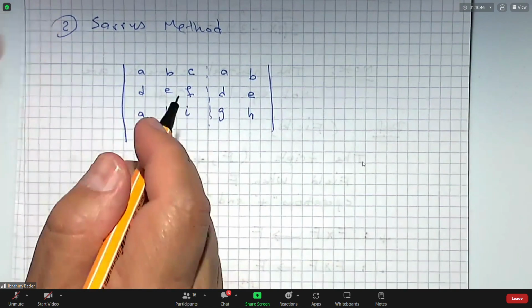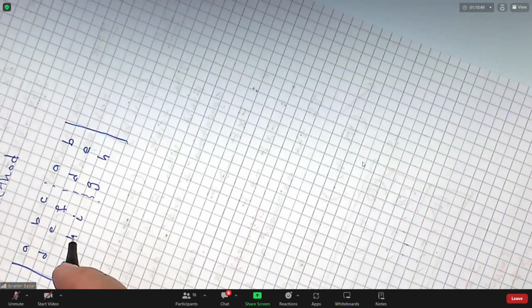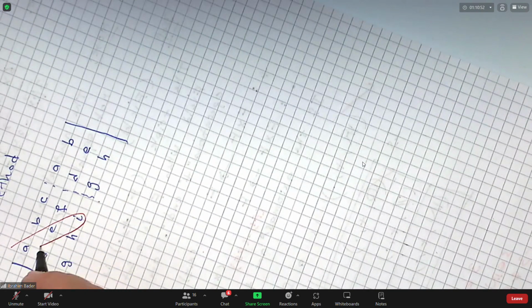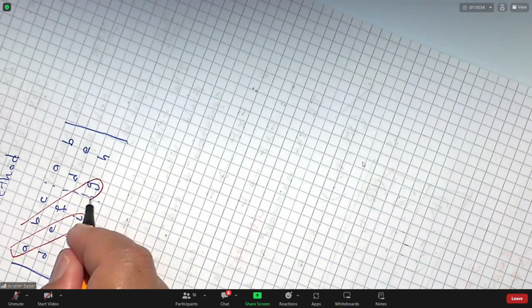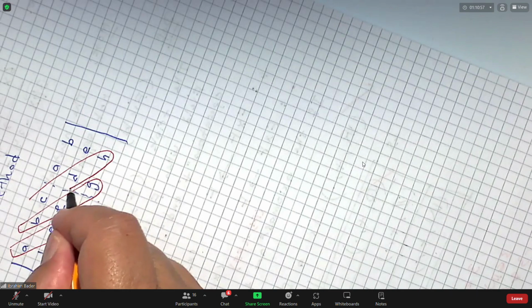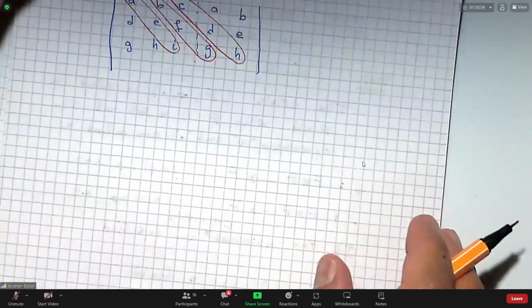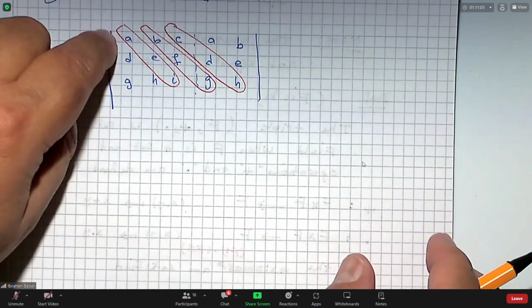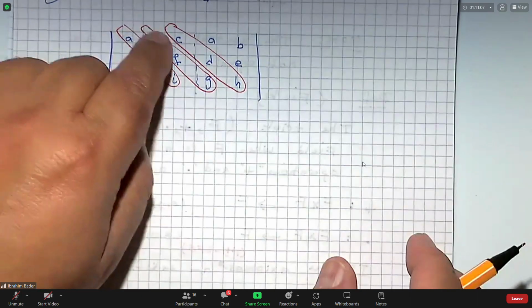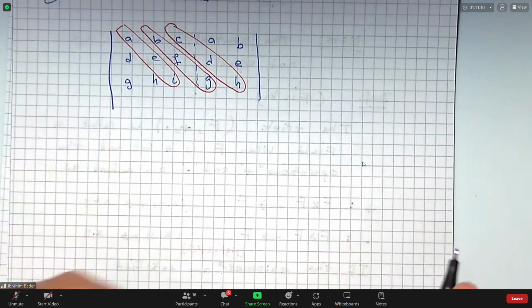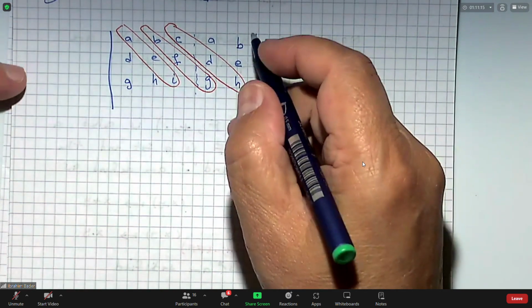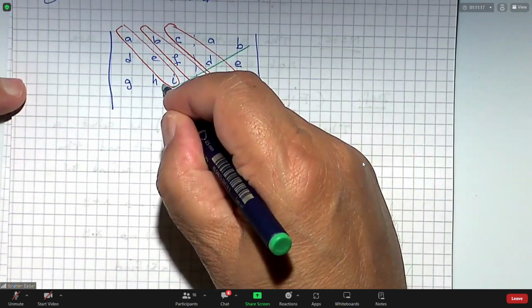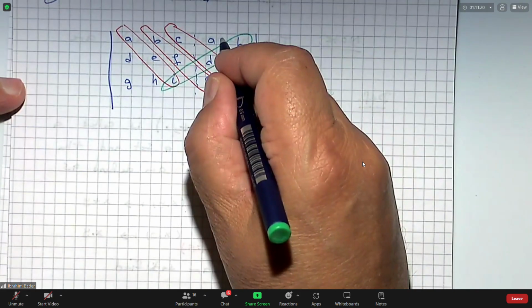So this is first, second. I have 3 diagonals falling from top to the right, and 3 other diagonals falling from the right down.